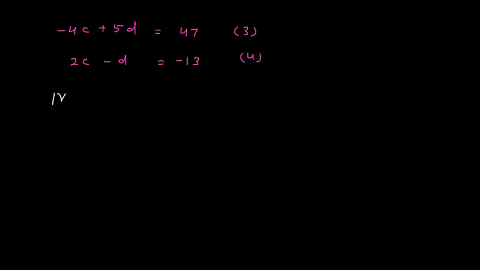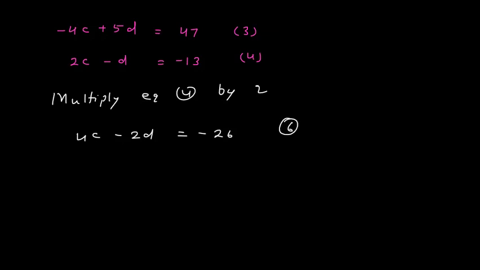This is equation number 6. Now I add equations 3 and 6. When we add, 4c will cancel, and 5d - 2d will become 3d, and this is equal to 47 - 26, which is 21. So therefore we get d equal to 7.